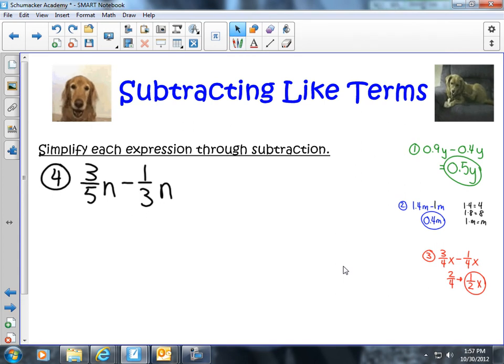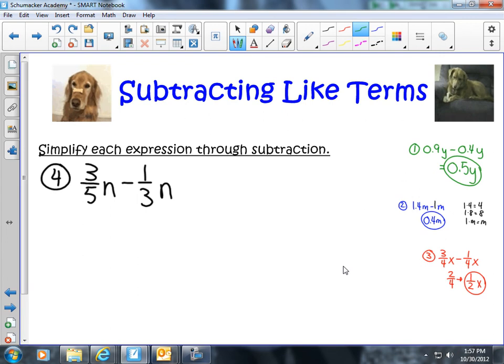We need to find a common denominator. You can get a common denominator by multiplying the denominators, and in this case, 5 times 3 gets us 15. That, in this case, is the least common denominator. If that wasn't the case, you could start listing out their multiples until you find the first multiple they have in common. Either way you do it, it will work just fine as long as you simplify at the very end.